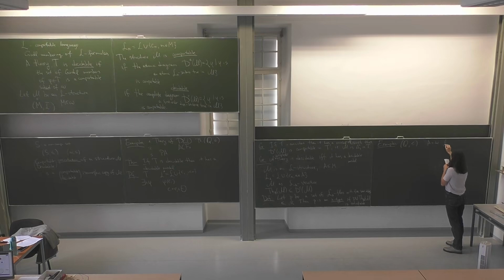So LA is just the relation symbol plus all the constants for the natural numbers. Yeah, so this is a constant for this n.